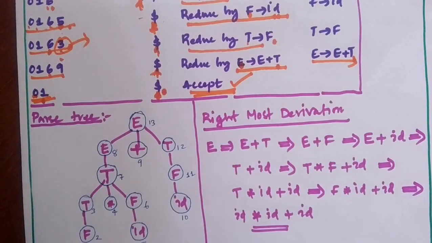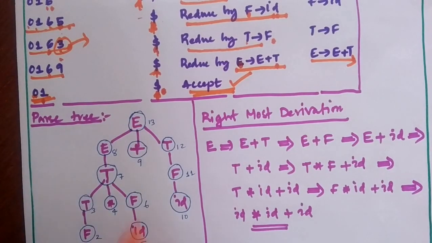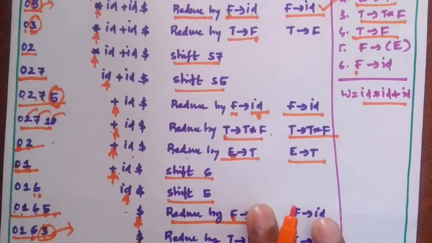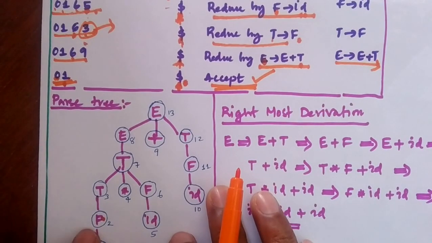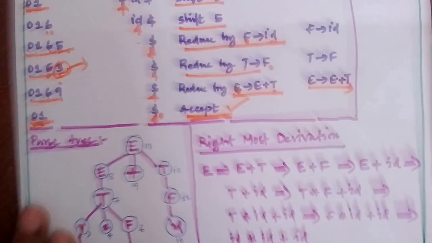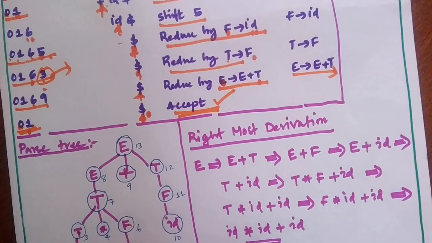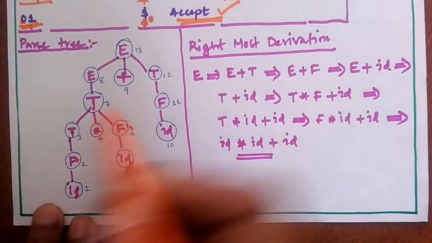Now look at how the parse tree is constructed. It will start from the leaves: ID and F gives ID. So first F gives ID, here F gives ID, then F is replaced by T. Next, F gives ID, the third one, replaces this one.